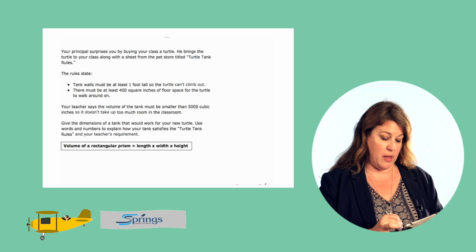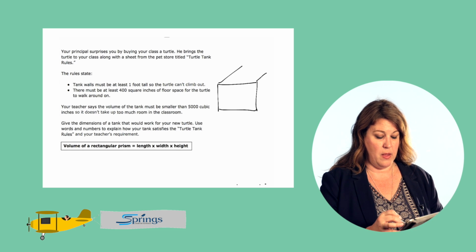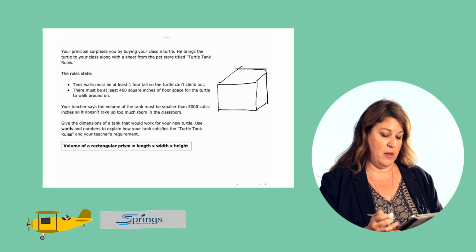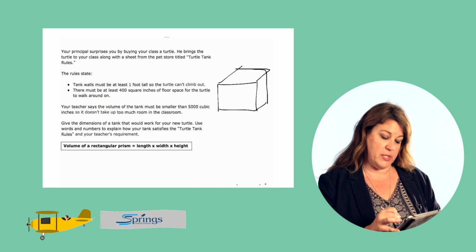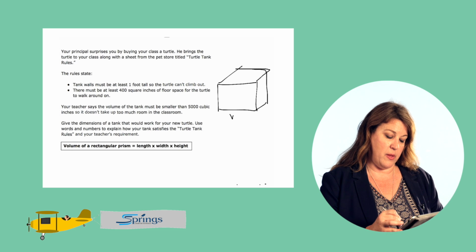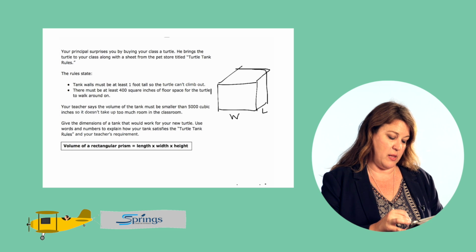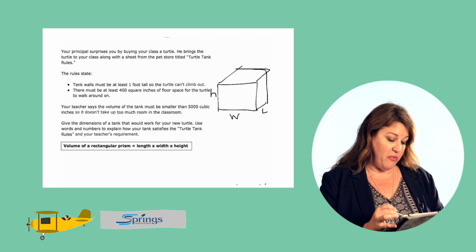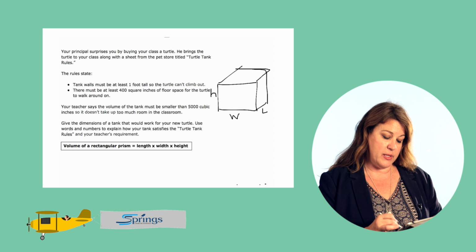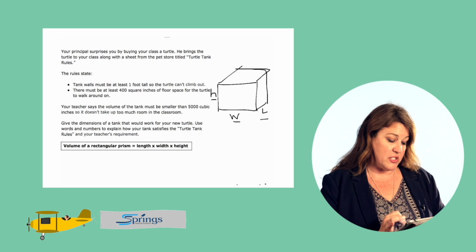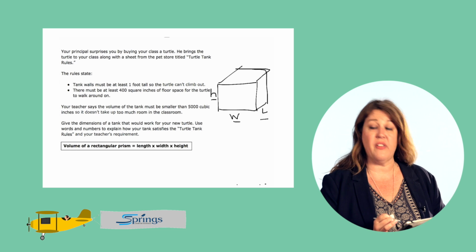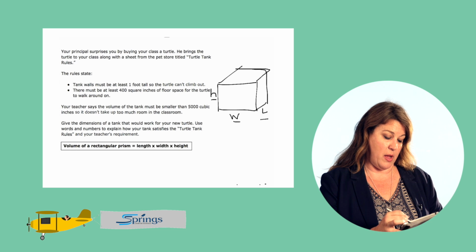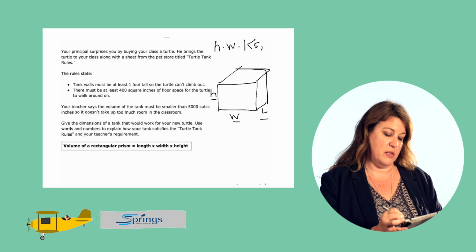So let's draw our tank. We have a rectangular prism, so we have the width, we have the length, and we have the height. Our tank has to meet these criteria. The volume, the height times the width times the length, has to be less than 5,000 cubic inches.